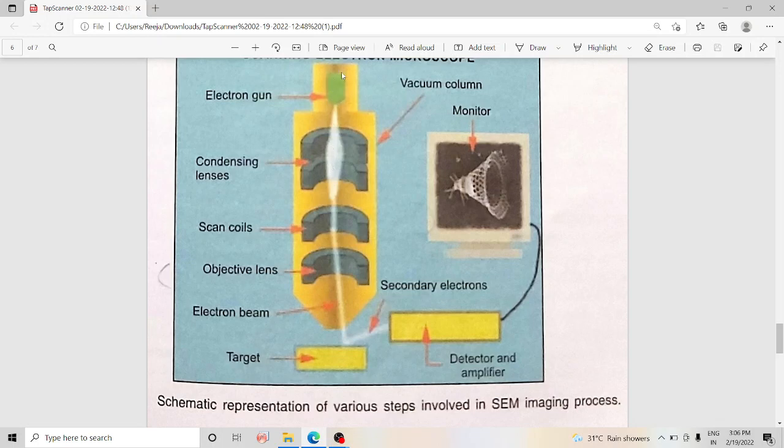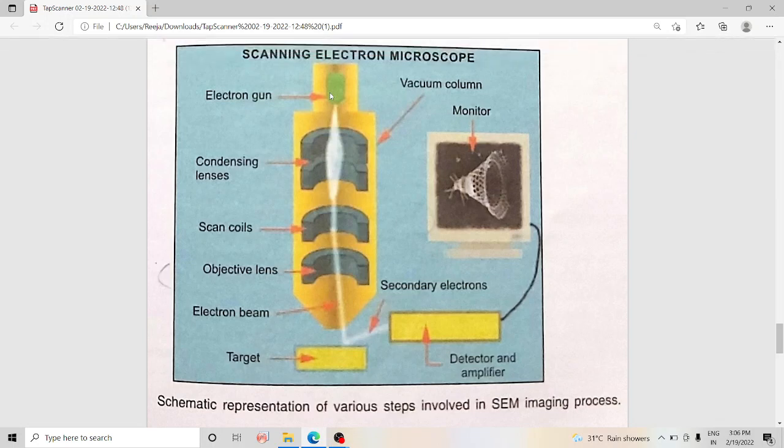If thermionic emission is used to produce the electron beam, then the source used is either a tungsten filament or a lanthanum hexaboride crystal, which is a solid state crystal. Then the beam passes through sets of condensing lenses. These condensing lenses are used to limit the amount of current in the beam, and they constrict the beam.